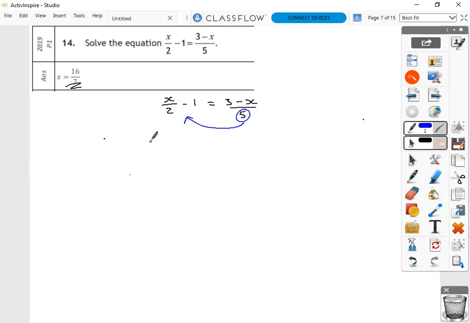Now, if I bring that 5 across, it's a divide on the right-hand side, so it becomes a multiple on the left-hand side. But I need to multiply everything on the left-hand side by that 5. If I do that.